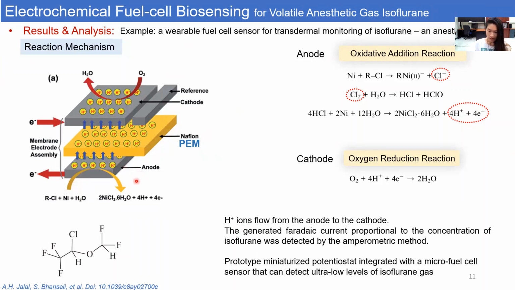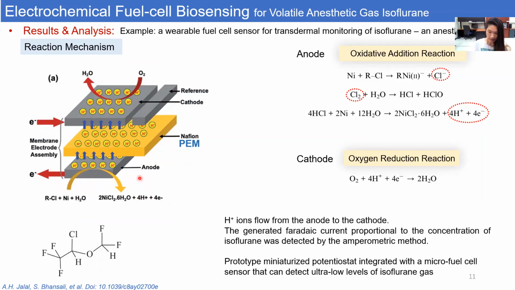The proton flows from the anode to the cathode, and the generated Faradaic current, proportional to the concentration of the isoflurane, is detected by the amperometric method through the external circuit.